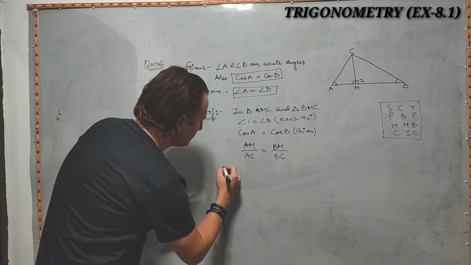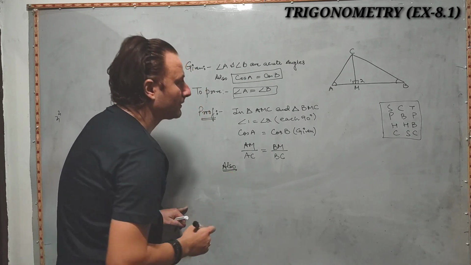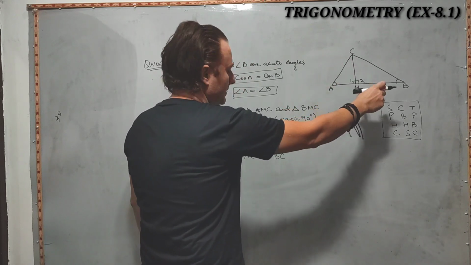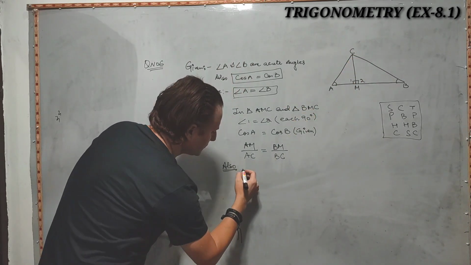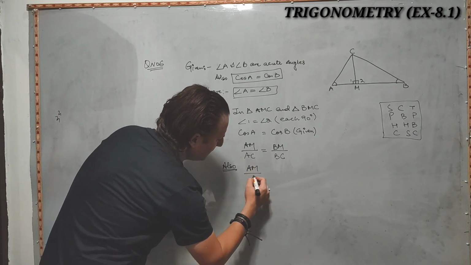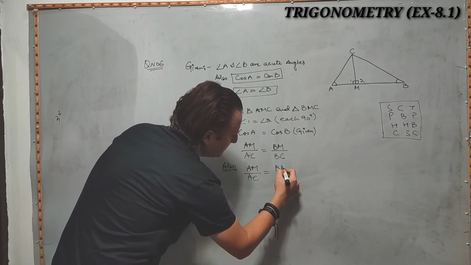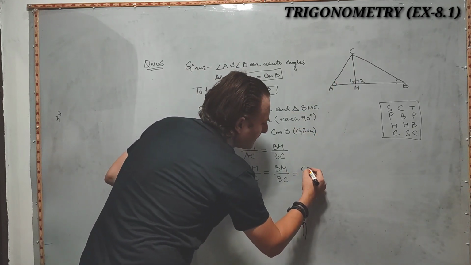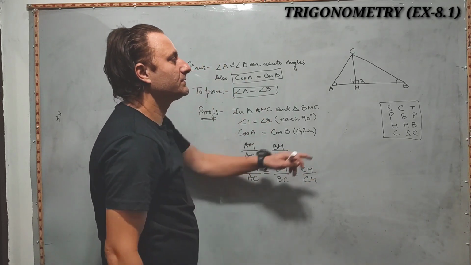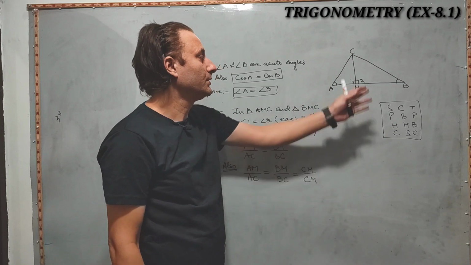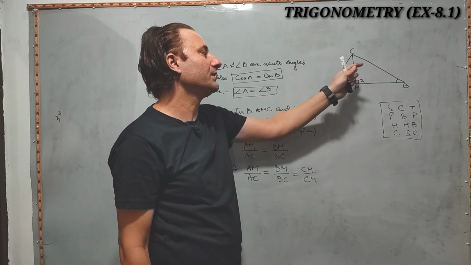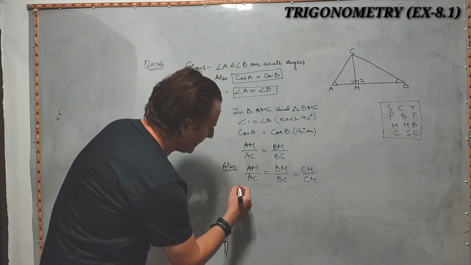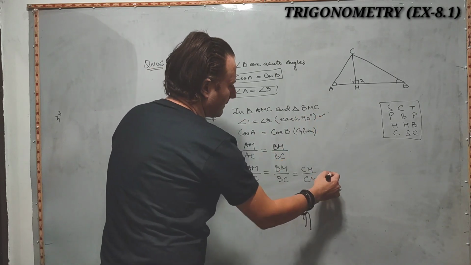I can say one more thing. Now here AM upon AC is equal to BM upon BC. Then we have another side, CM upon CM, because this side is used by this triangle and this triangle as well.